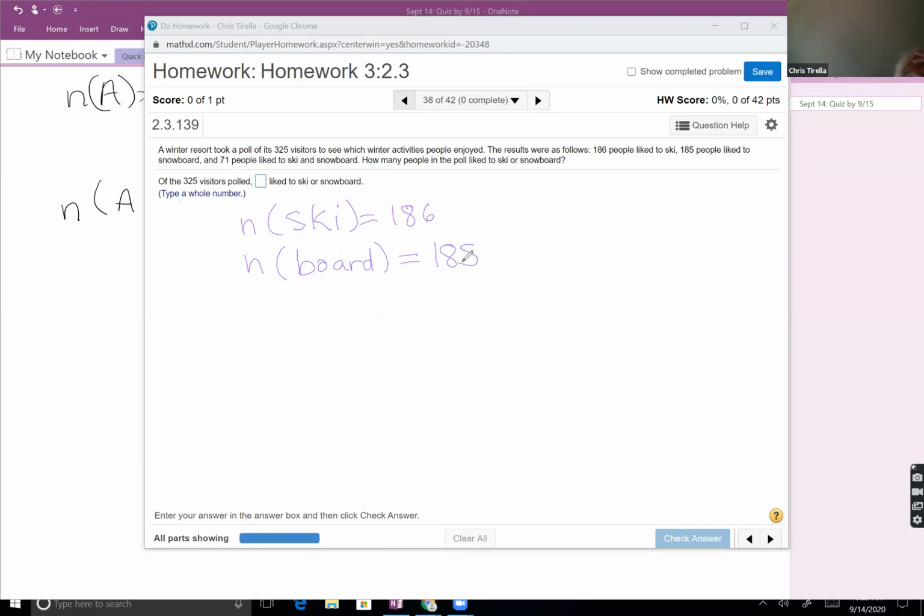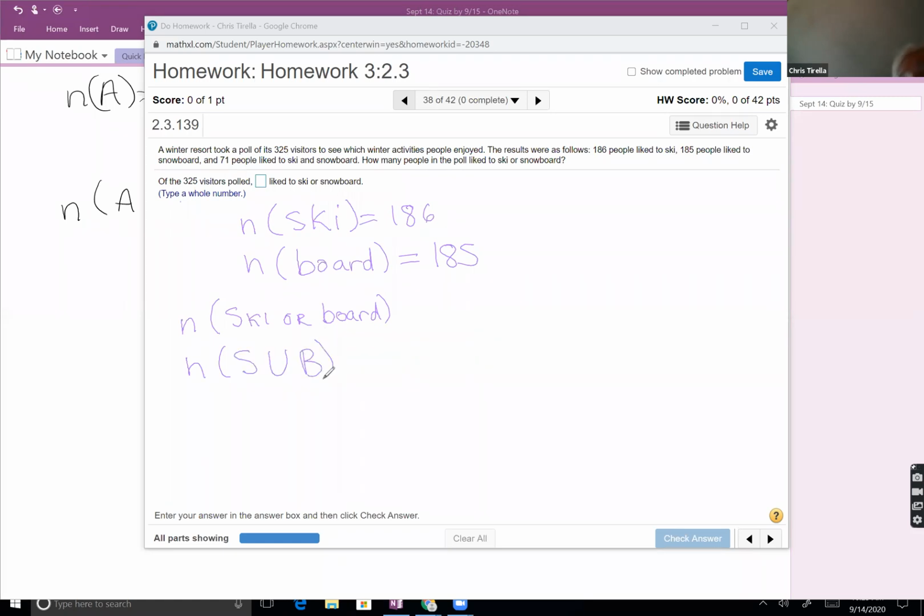Now, if I add those two together, I've got over 370 people. But we know that there were only 325. So we've got to do something. The question asks us for the number of people who like to ski or snowboard. And so that would be like the number of people in ski union snowboard.